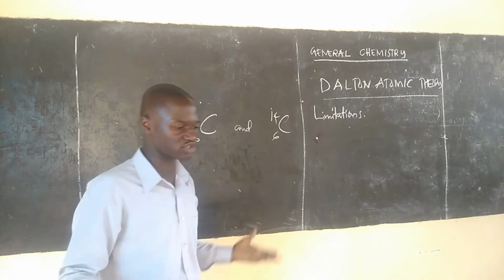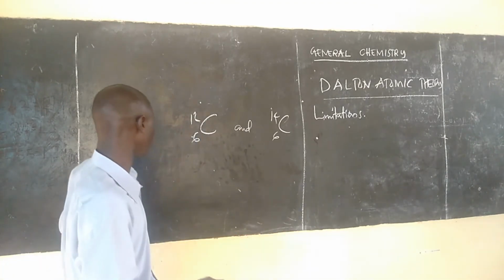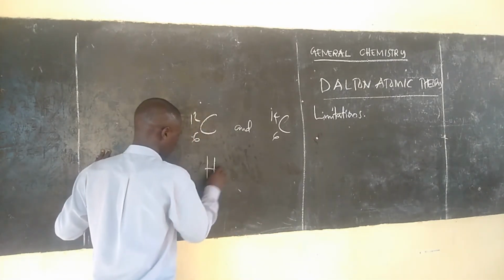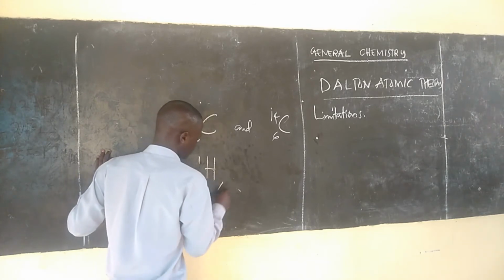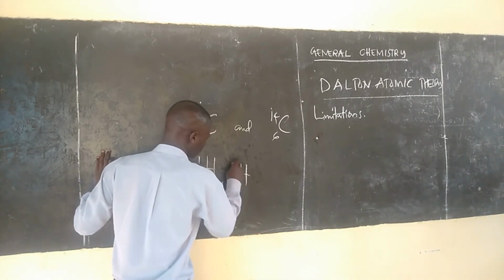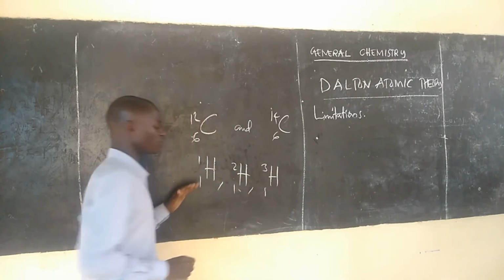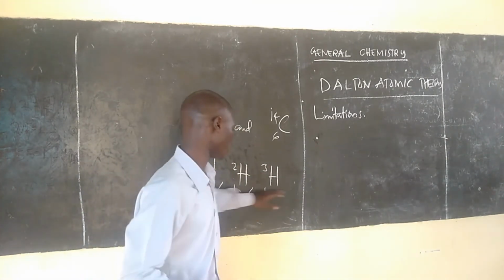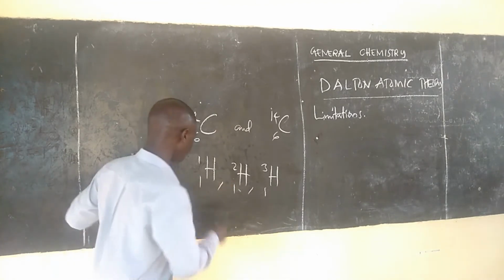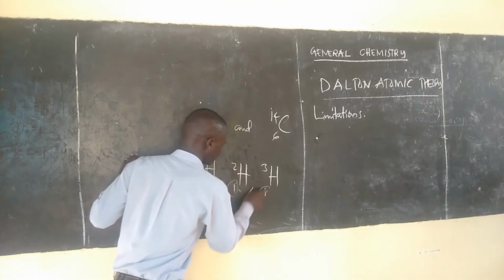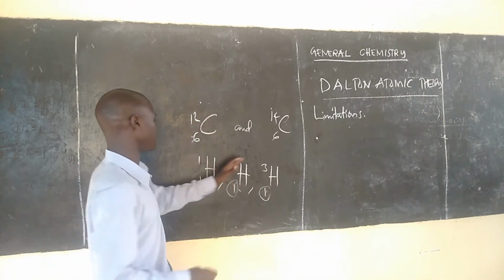But also we have isotopes of hydrogen: hydrogen 1, 1, then hydrogen 1, 2, and then hydrogen 1, 3. All of these are atoms of hydrogen, but they have the same atomic number and different mass number.